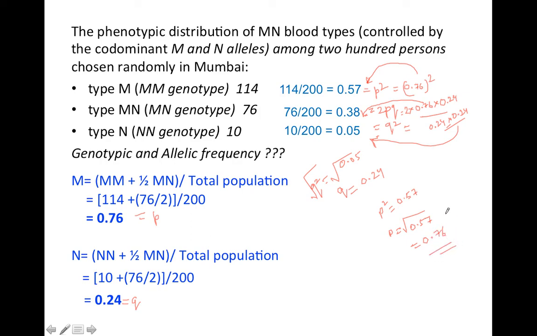So basically, if the population is following Hardy Weinberg equilibrium, it's a Mendelian population, then p derived from p square and q derived from q square would be the same. If this population is not following Hardy Weinberg equilibrium, this will not be true.